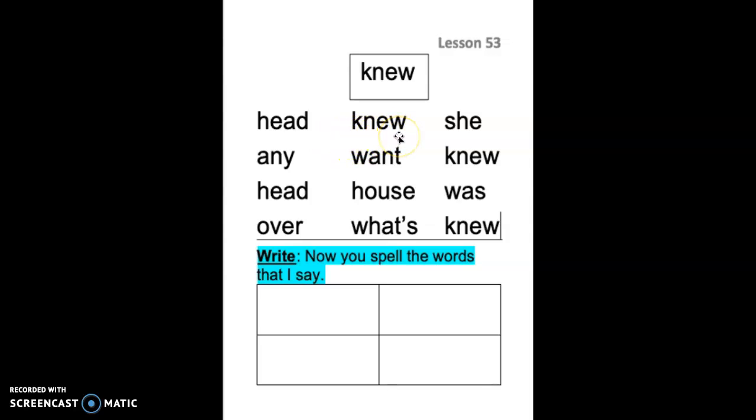Say the word. Spell the word. Say the word. Next word. Say the word. Spell the word. Say the word. Next word. Say the word.